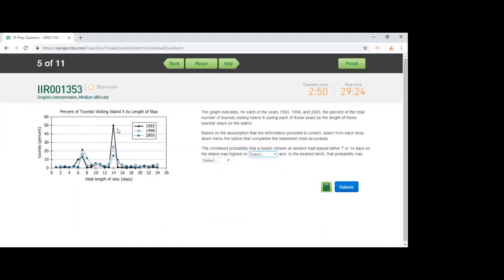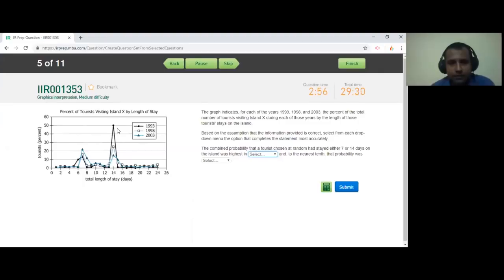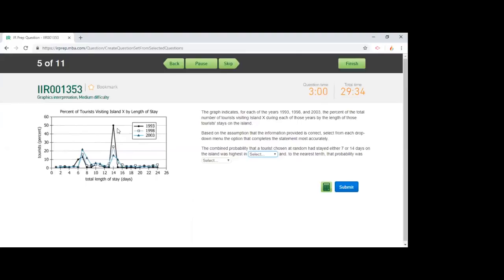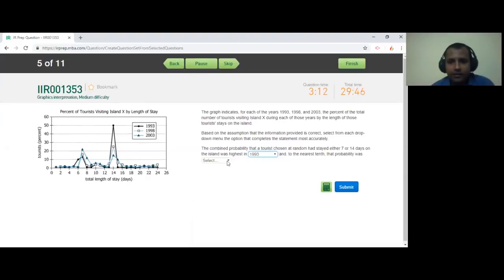So if we had to add them up, we'd have to compare during those spikes. Considering that, I find that in 1993 there is a huge spike for 14-day visits. So I feel like the probability would incline towards that. So 1993 would be my bet. Yeah, sure. See, over here, the difference is quite stark. So 1993 is the answer.